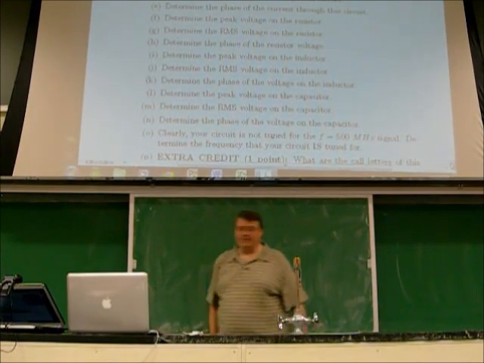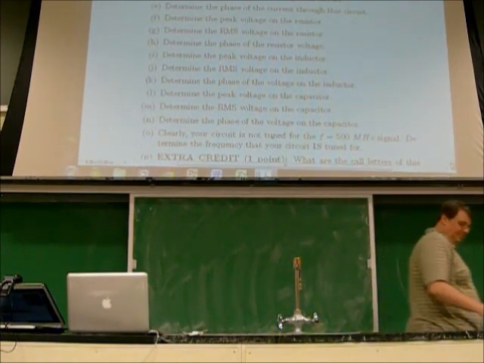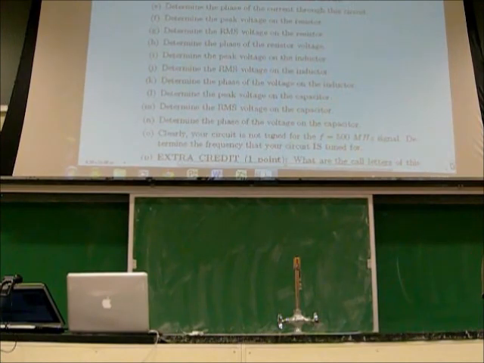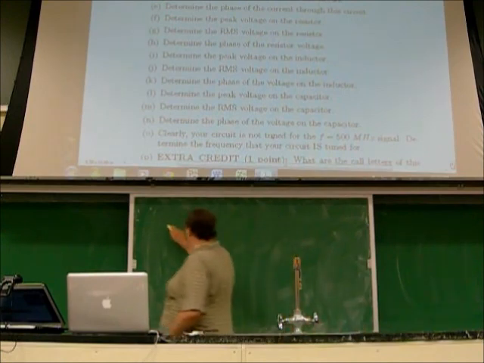How would we find the resonant frequency of this circuit? Omega L is 1 over omega C. Yep.